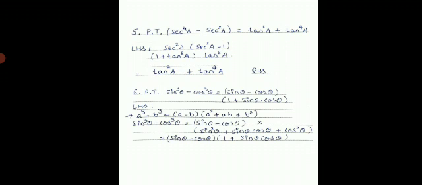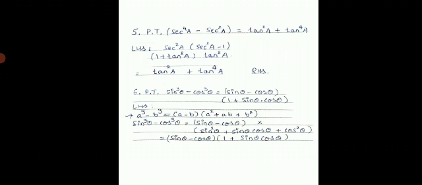Prove that sin cube of theta minus cos cube of theta is equal to sin of theta minus cos of theta into 1 plus sin theta into cos theta. Now here in the LHS we have cube terms, that is a cube minus b cube.